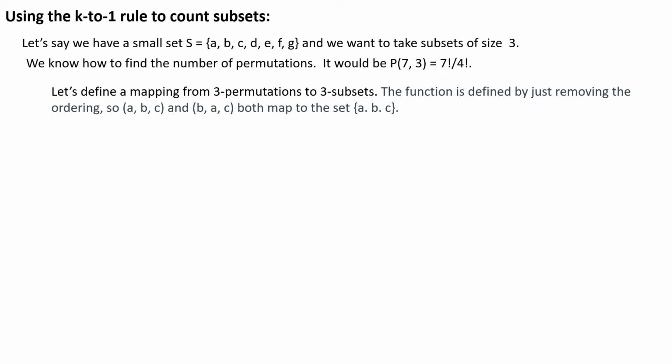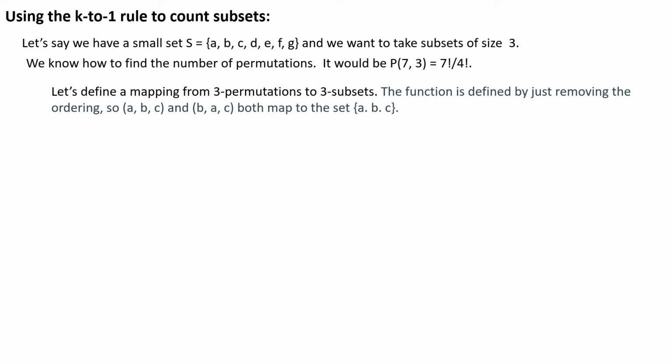Well, we could just say each permutation, let's map it so that the order just becomes removed. So like the permutation A, B, C, where A comes first, then B, and then C, that would map to the set of those elements A, B, C, right? Where we don't care what the order is in the curly braces, because again it's a set, so it's just saying elements with those 3.